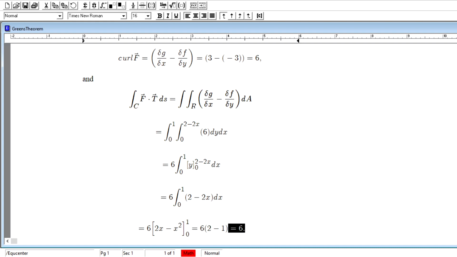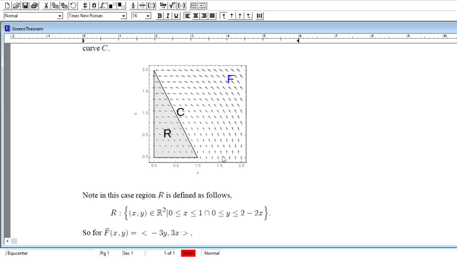The curl at every single location in this region R is described by the value of 6.